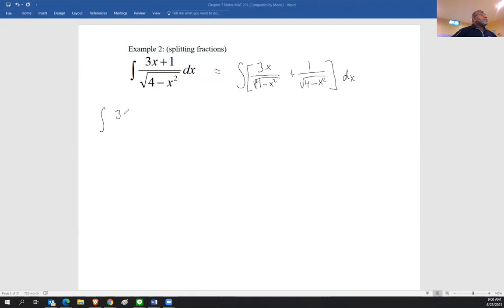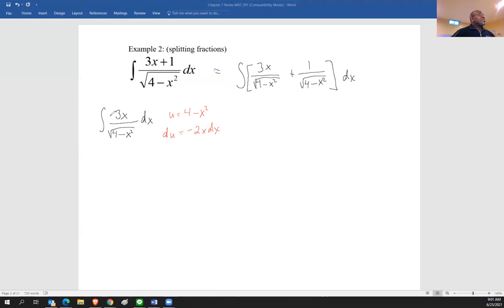So now let's go ahead and work with each of these individually. So let's do the first one. So the integral of 3x over the square root of 4 minus x squared dx. All right, so here we let u equal 4 minus x squared. Its derivative du will be negative 2x dx.